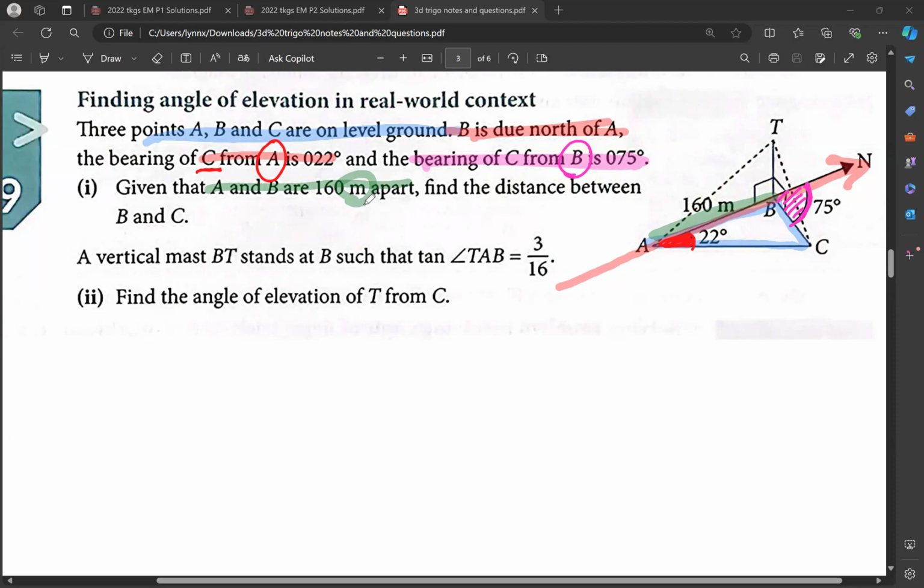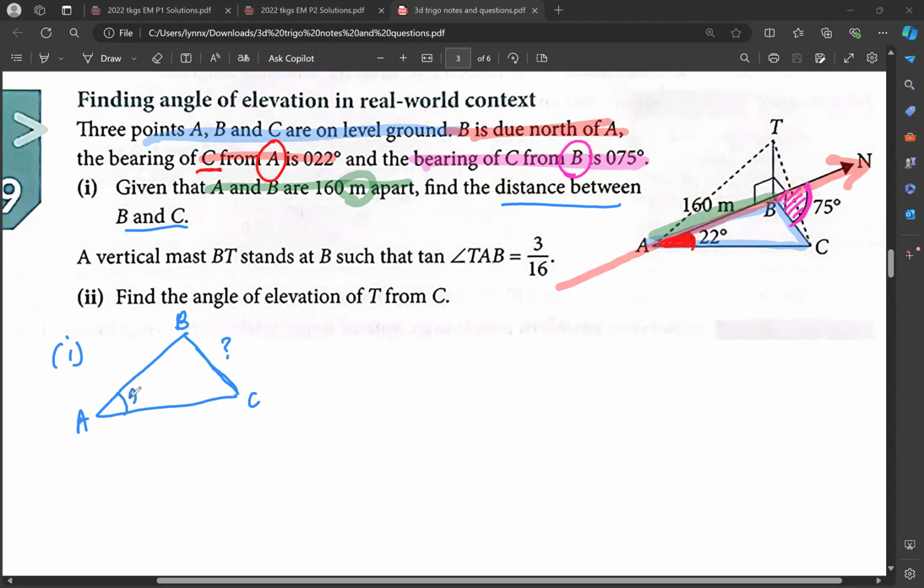Now, they want to find the distance between B and C. So right now, what I will do is draw it out separately. Because it's saying distance between B and C for part 1, that means I need to focus on the ABC triangle, correct? And they want to find BC, so I put a question mark. Any information am I given?